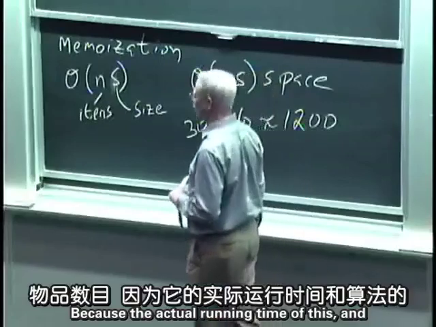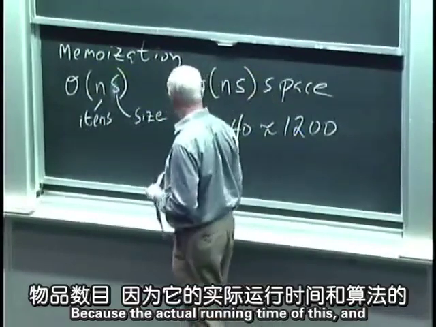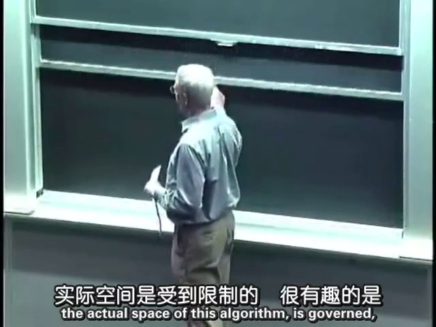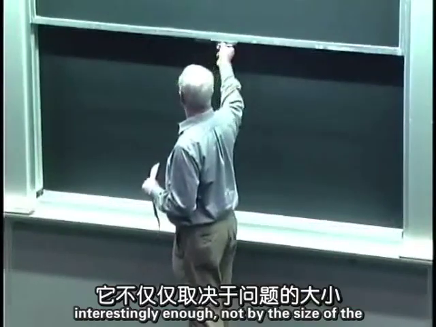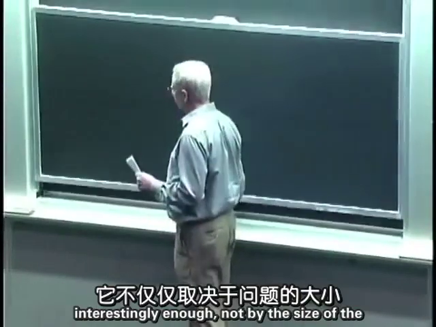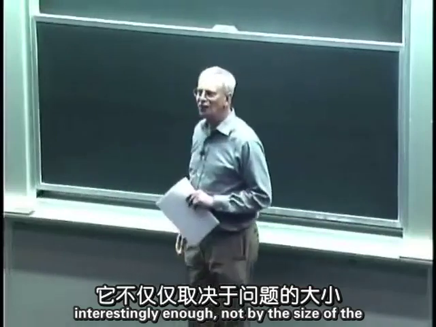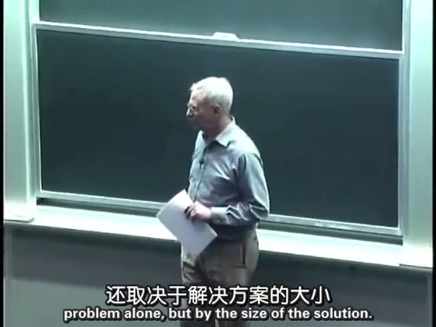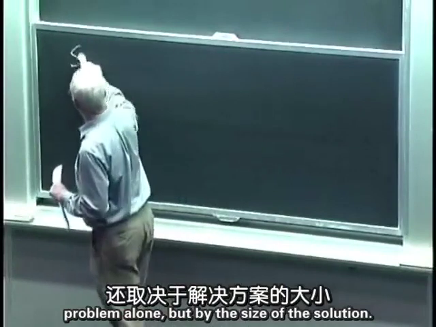Because the actual running time and the actual space of this algorithm is governed, interestingly enough, not by the size of the problem alone, but by the size of the solution.